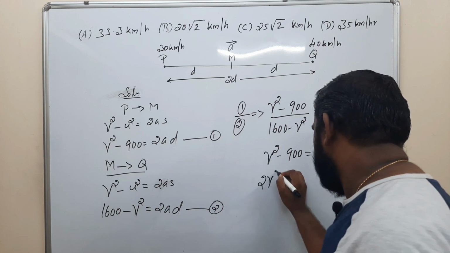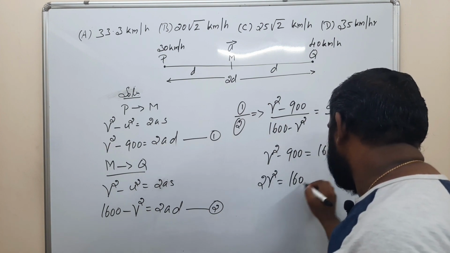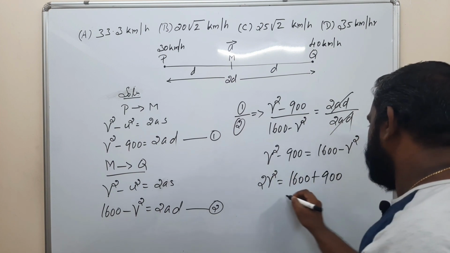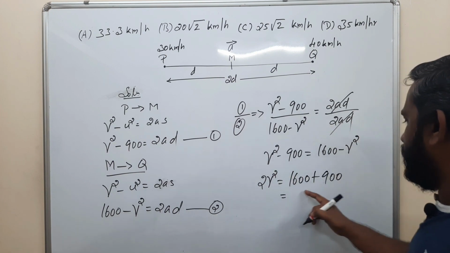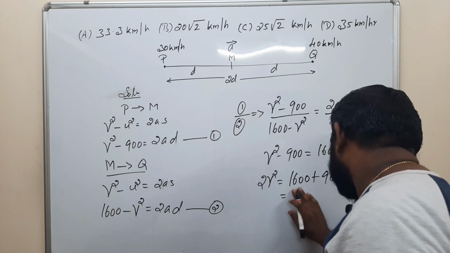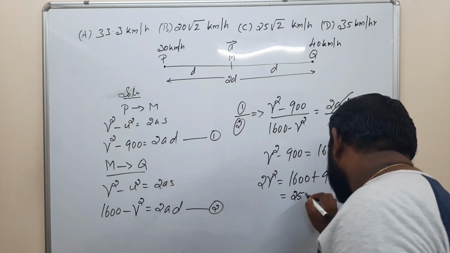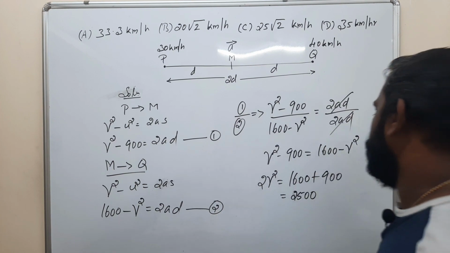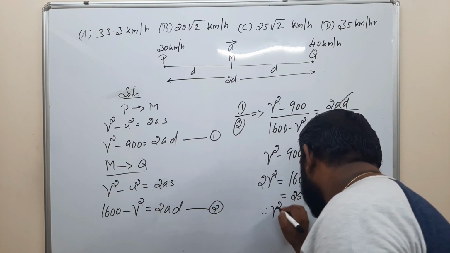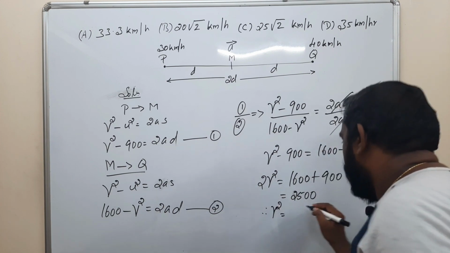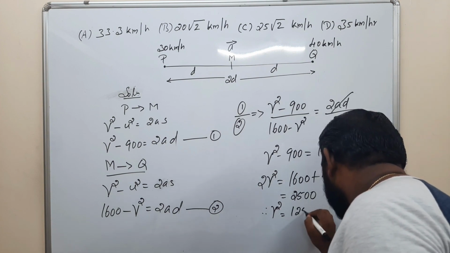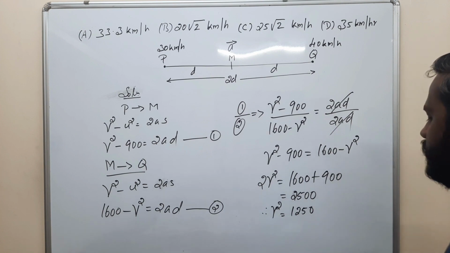So 2V square is equal to 1600 plus 900, that is 2500. Therefore V square is equal to 2500 by 2, that is 1250.